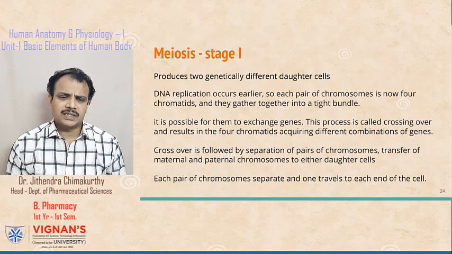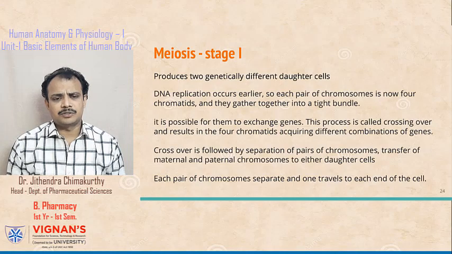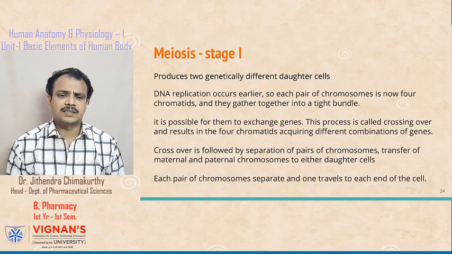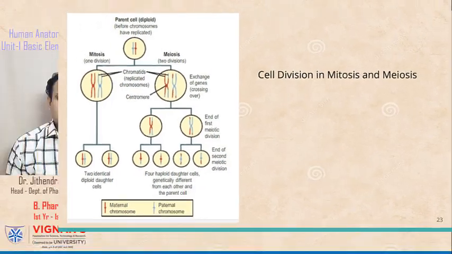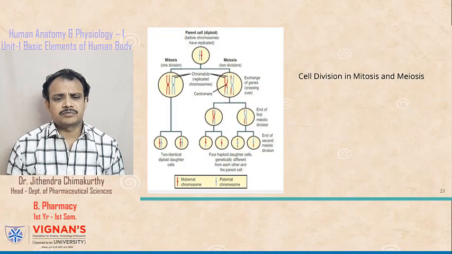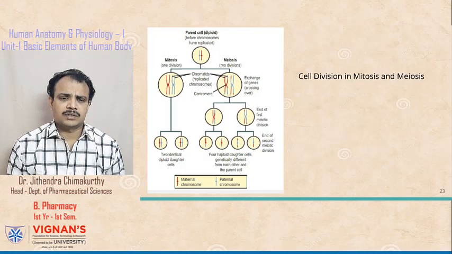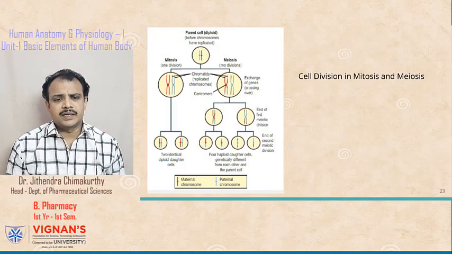Because these chromatids, which are tightly coiled with centromeres, can exchange genes, which leads to formation of different chromatids with different genetic material from their parent cell. And this process of exchange of genes between the chromatids is called crossing over. This crossing over leads to exchange of maternal and paternal chromosomes among themselves.